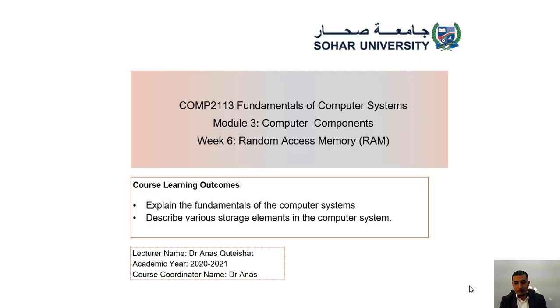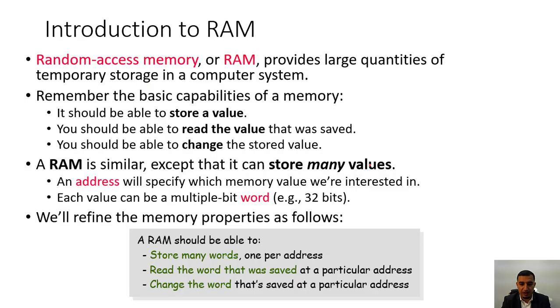So the first thing we have is the RAM, and we said RAM is basically called random access memory. The reason for calling it random access memory is because you can access any location in the memory just by having the address. So the only thing that you need to have is the address. The name random came from the fact that other storage devices have different ways of accessing memories.